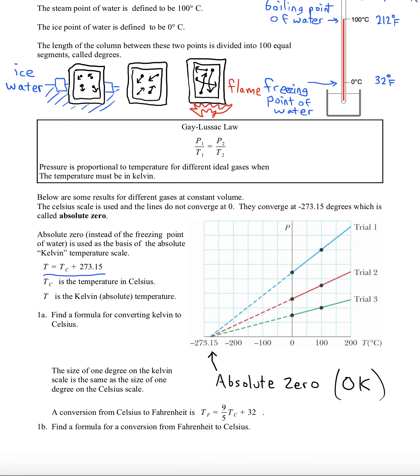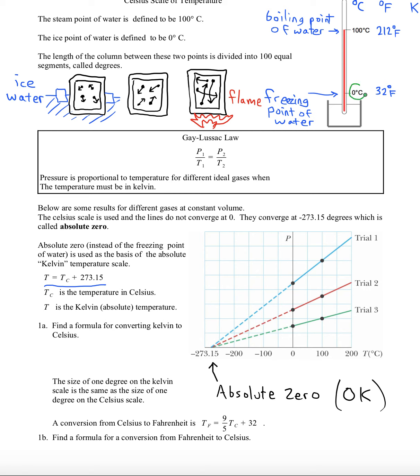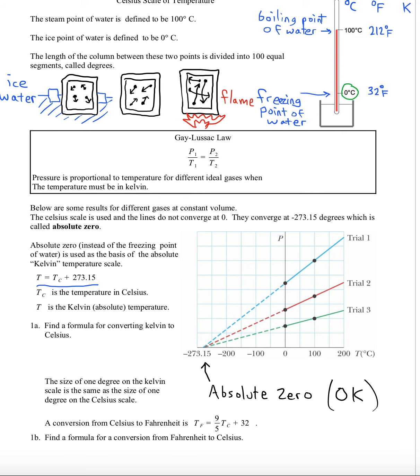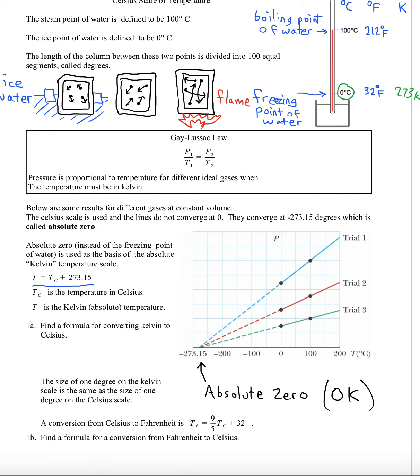So just for example, take 0 degrees Celsius. What does that correspond to in Kelvin? We have to add 0 plus 273.15. And then you get approximately 273.